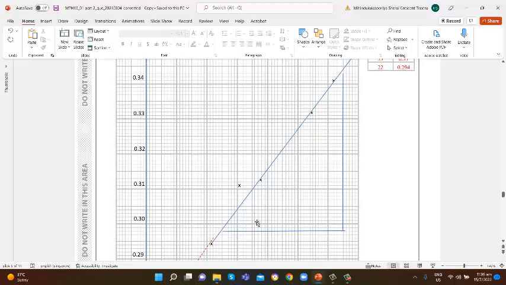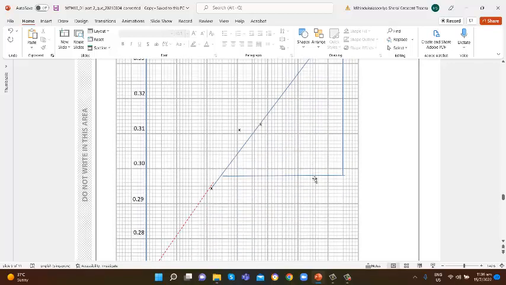So tan theta is opposite over adjacent. In physics, tan theta, that means the angle to the horizontal, is equivalent to the gradient of the line.